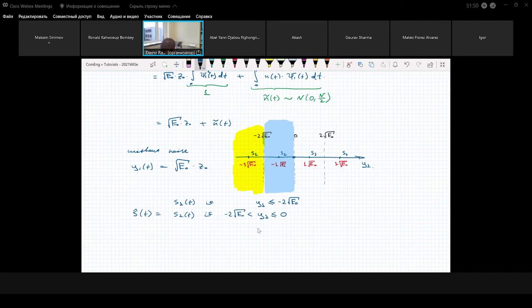Then we go to S3 of t, and if our voltage after crossing will be smaller than 2 times square root of E0, but larger than 0, then we say that we have received a signal S3. And finally, for S4, we say that we receive signal S4 if amplitude will be larger than 2 times square root of E0.